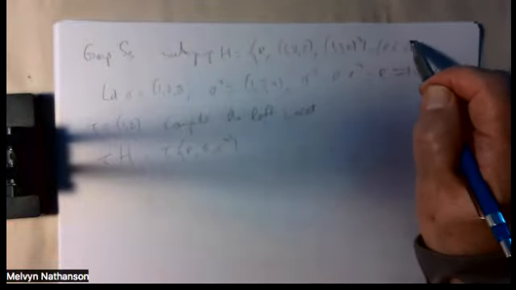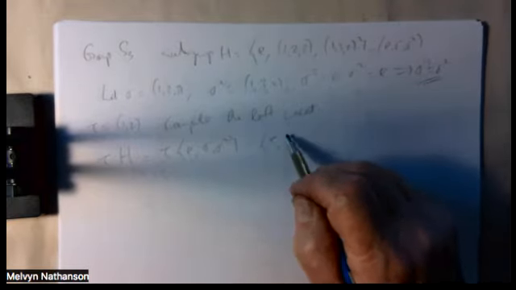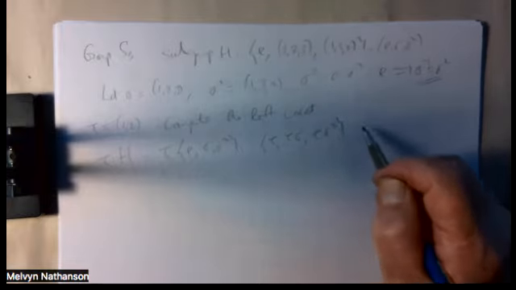So I multiply each of these permutations on the left by tau. I get tau times the identity, which is tau, tau sigma, and tau sigma squared. What are these?